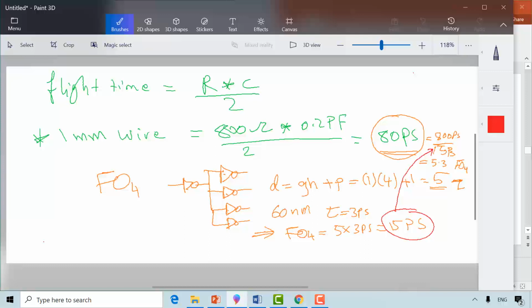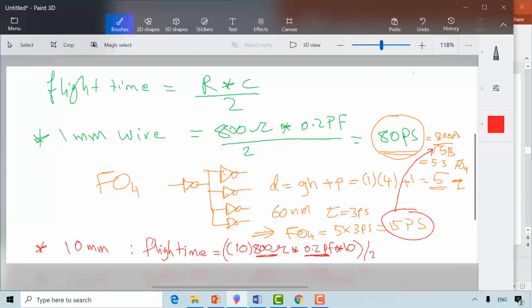Now, what happens if I have a 10 millimeter wire? Well, the flight time equals 10 times 800 ohms, because this 800 is for 1 millimeter, times 0.2 picofarad times 10, because this is for just 1 millimeter. Divide that by 2, and this comes to 8,000 picosecond or 8 nanoseconds.